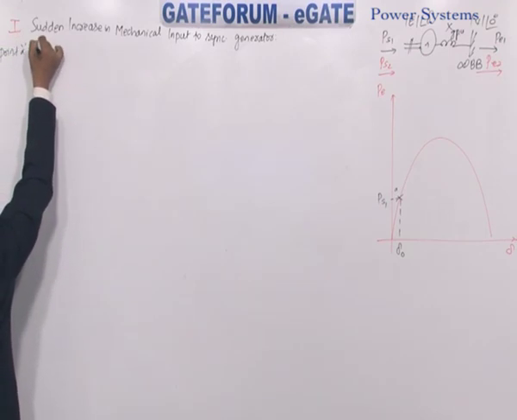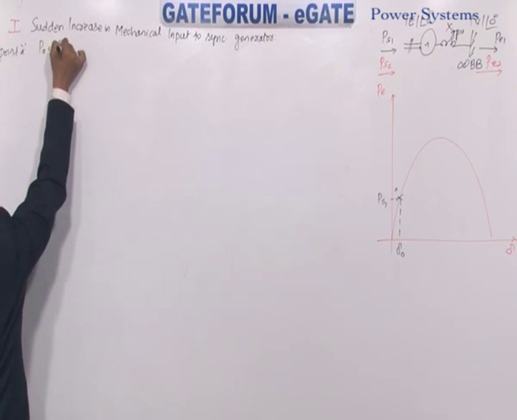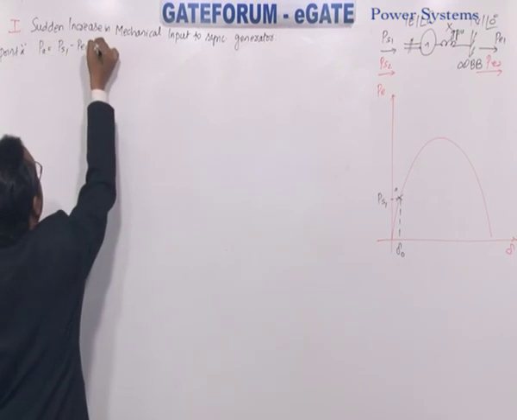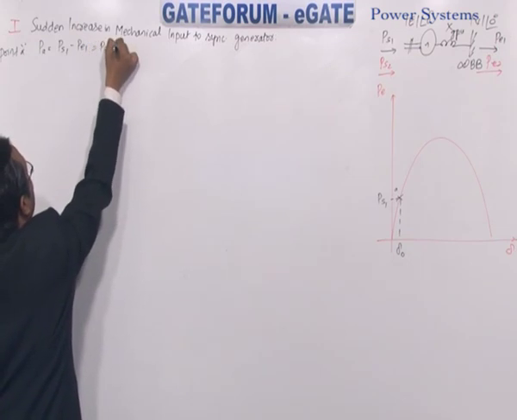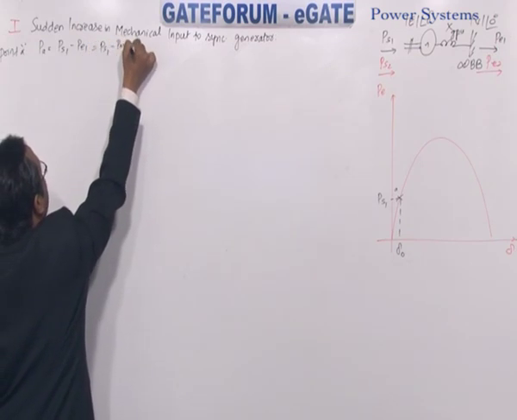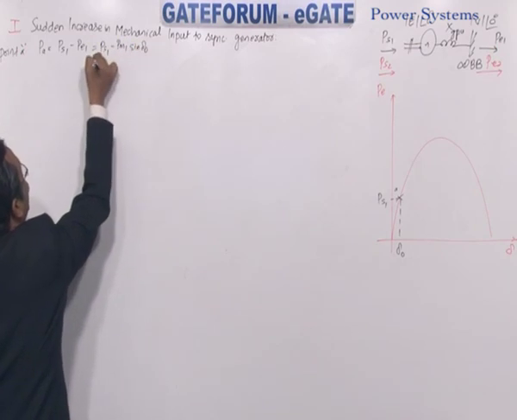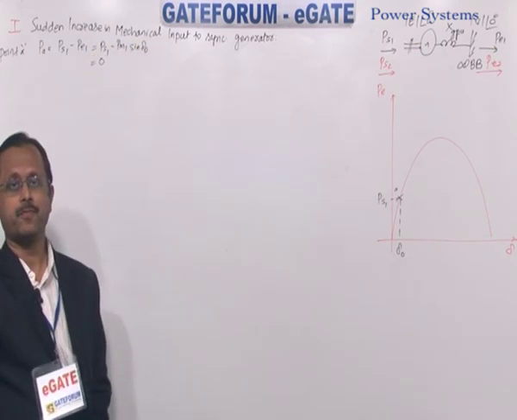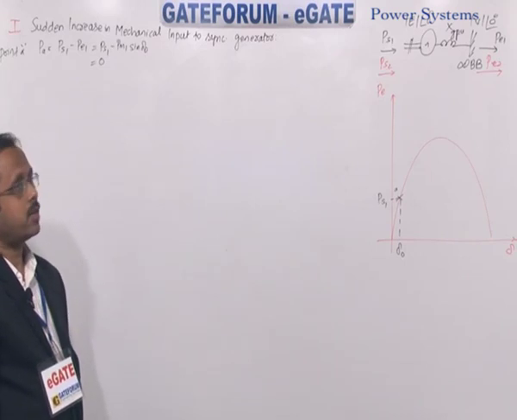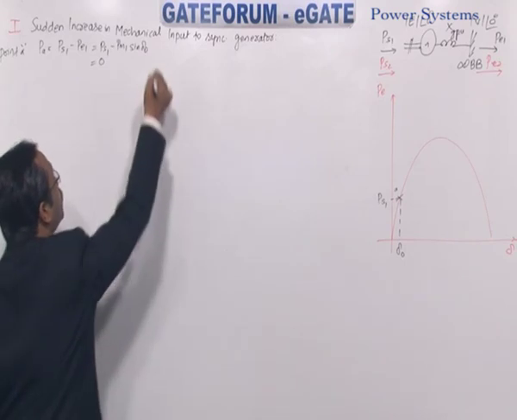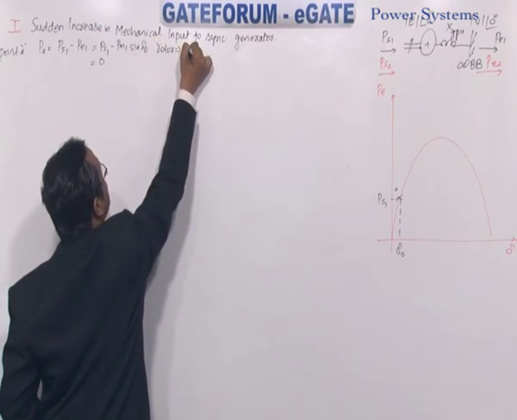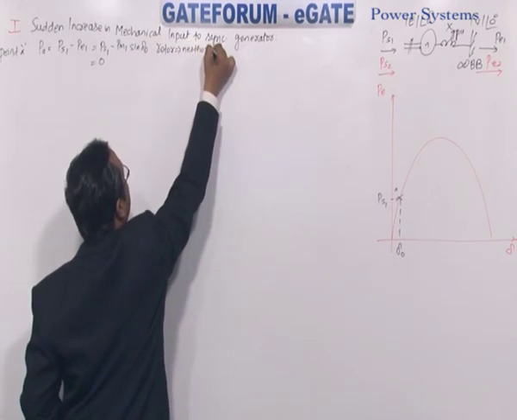So what about the acceleration power PA? PS1 minus PE1. How to write this PE1? PM1 sine delta naught. Both are equal, so PA equals 0. And what do we write when PA is equal to 0?